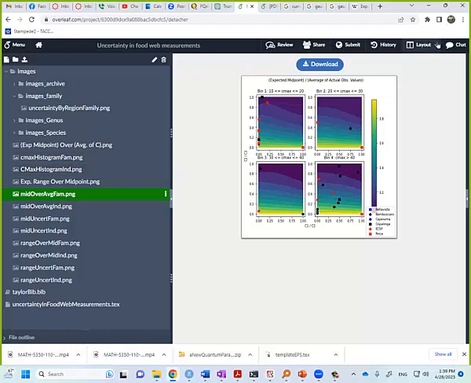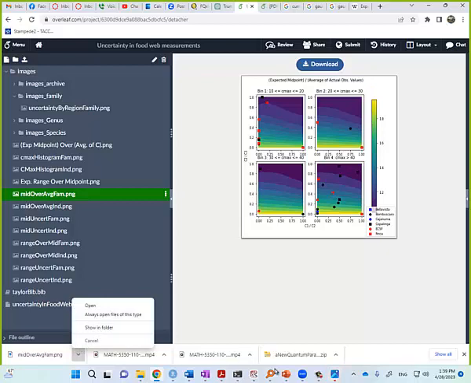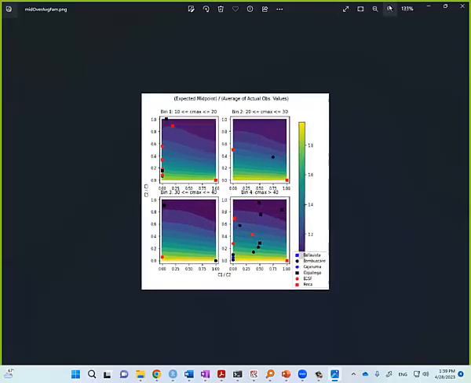Is this bigger? It should open. Oh, here it is. So this is for family.